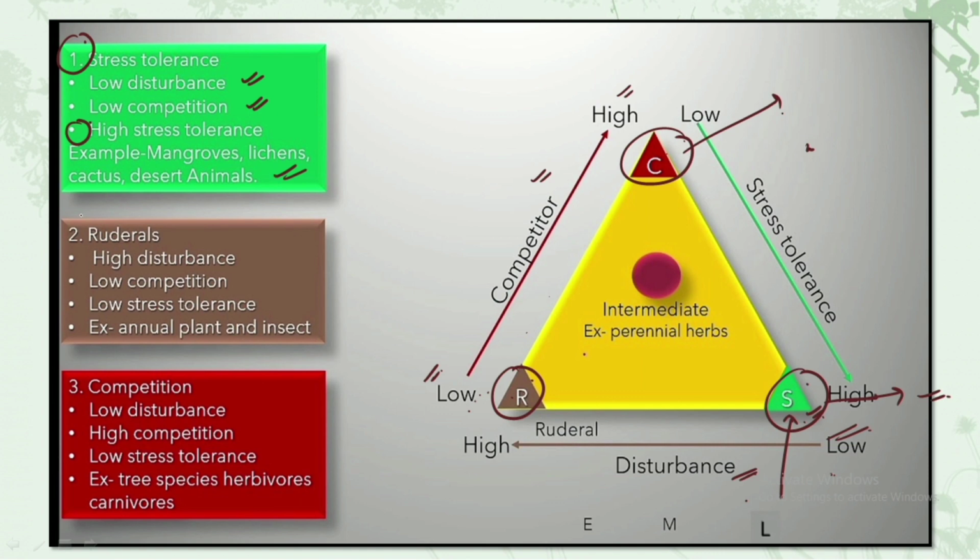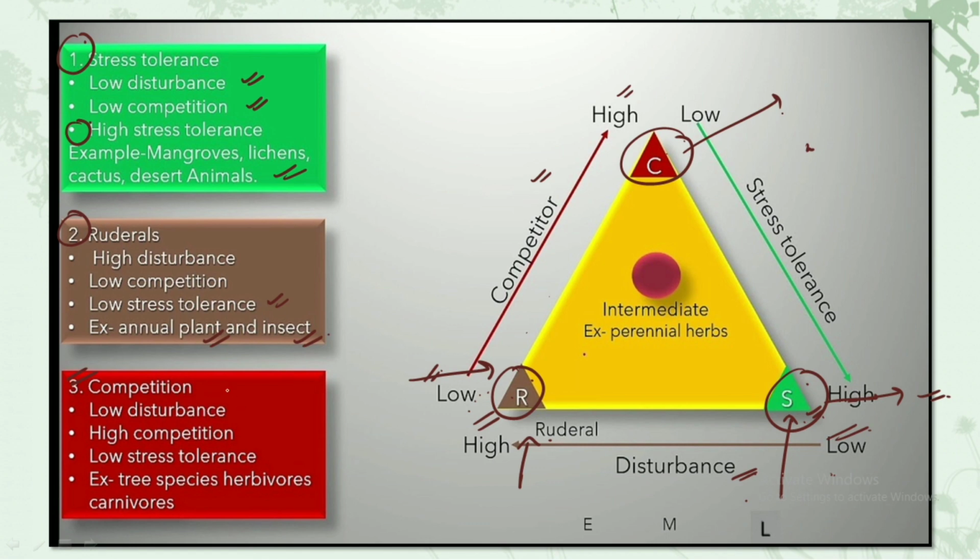The second one are the ruderals. These organisms occur in high disturbance areas and also in low competition areas, and in addition they also occur in low stress tolerance, that is, these organisms cannot tolerate stress to a larger extent, and the examples are the annual plants and the insects.